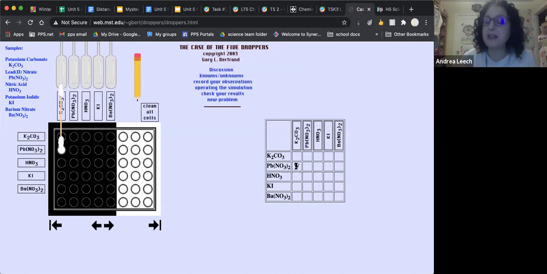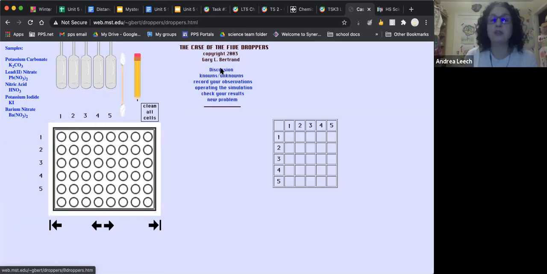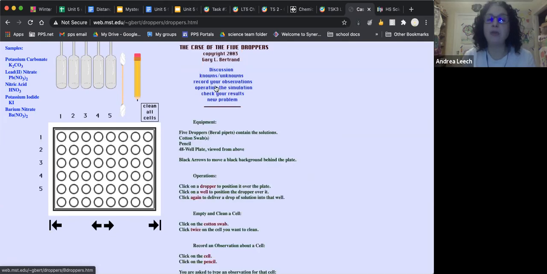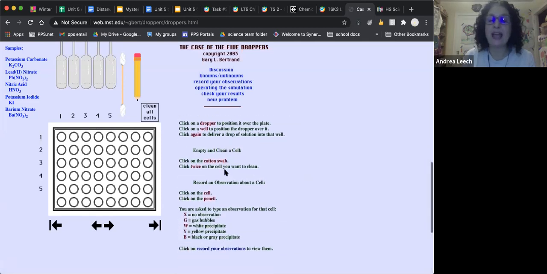Now, I'm not expecting people to memorize or know what those are. When you're getting ready to record it, when you go back to the original part of this, if you click on operating the simulation, it tells you how to do it, and it gives you that key for what those observations are.